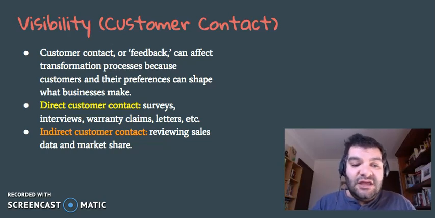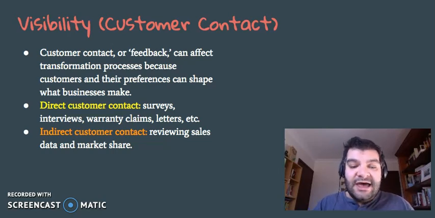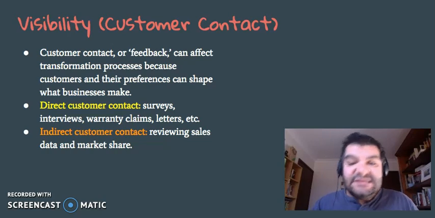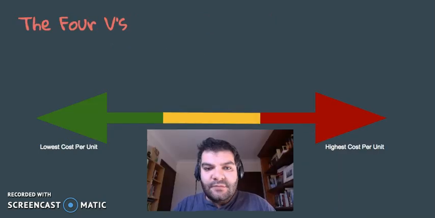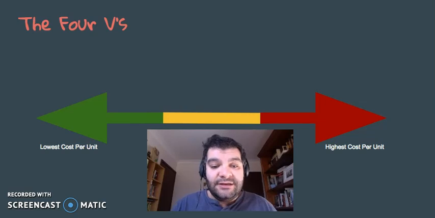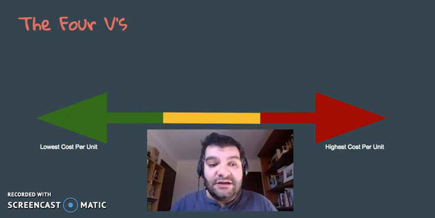Now, if we're going to look at them in a scenario, in terms of which little variation of these four, what does that mean for a business? Okay, so we'll look at these on a spectrum between the lowest cost per unit on the left-hand side and the highest cost per unit to produce on the right-hand side.